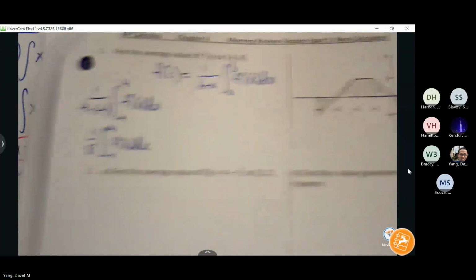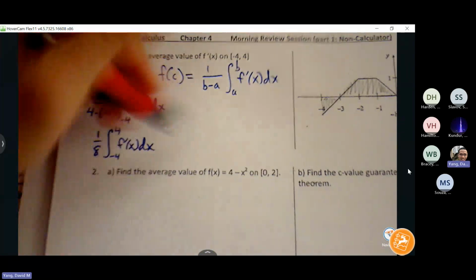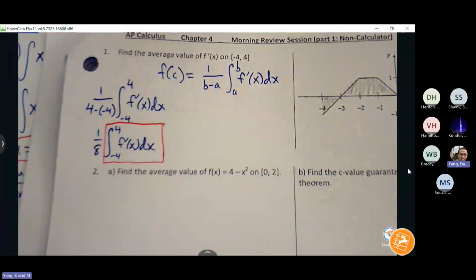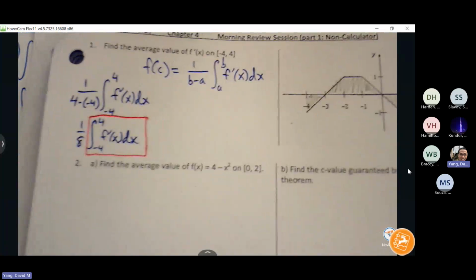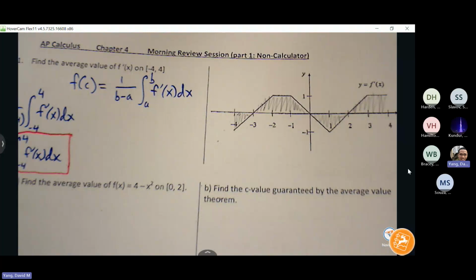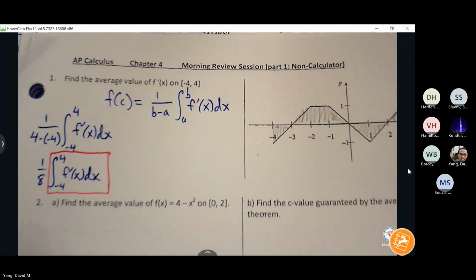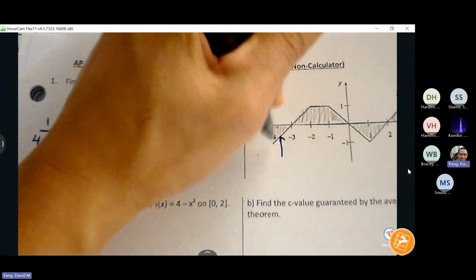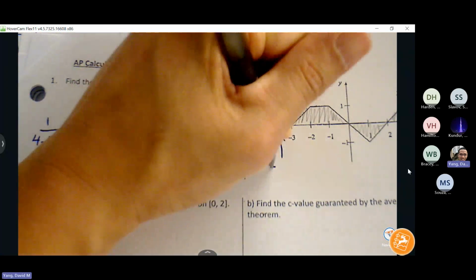Okay, so our attention is going to be on the integral, the area component. And then we just have to make sure we don't forget about that 1/8 at the end. So all these shapes are triangles and rectangles. Okay, so this portion is 1/2 base times height, but it's below the x-axis, so -1/2.